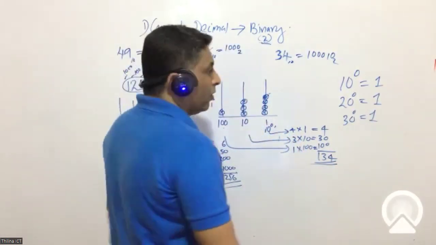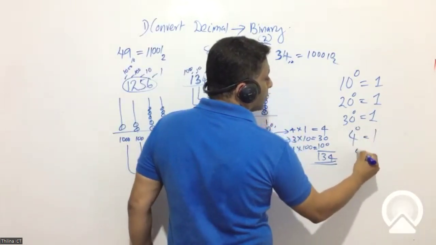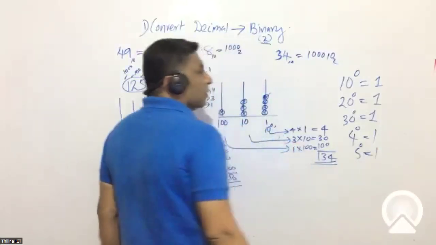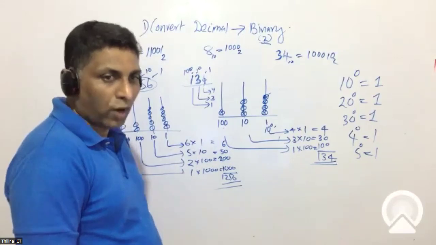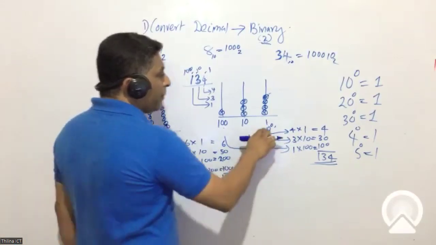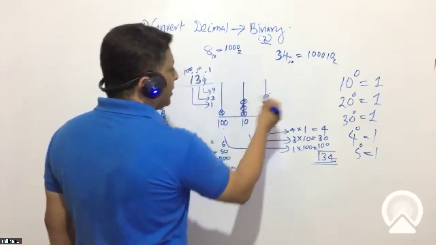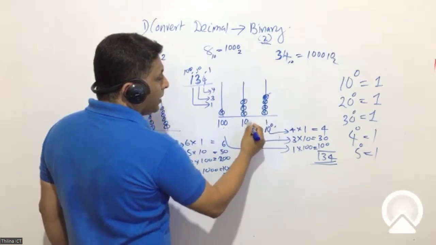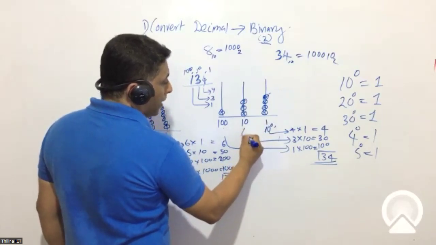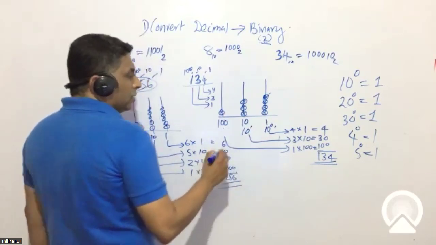For any number, 0th power output is 1. So 1 represents 10 to the power 0. This is the decimal number form. Here, how many tens? 1. So 10 into 1.